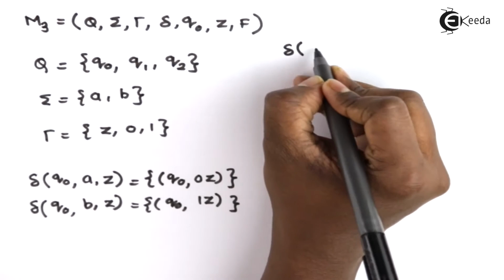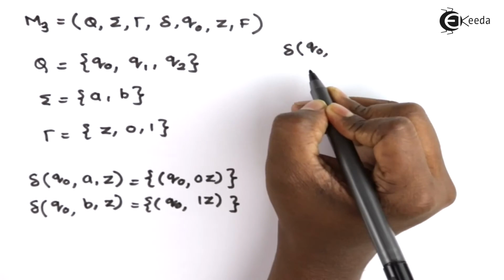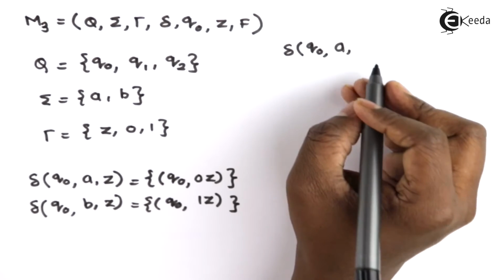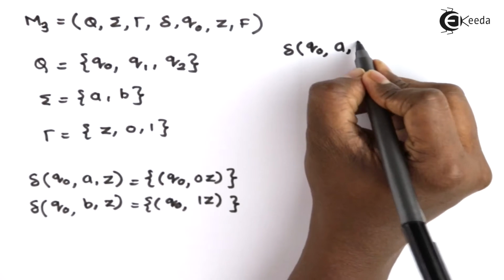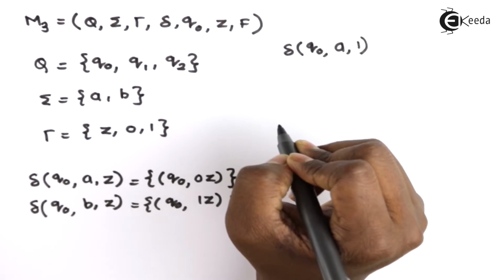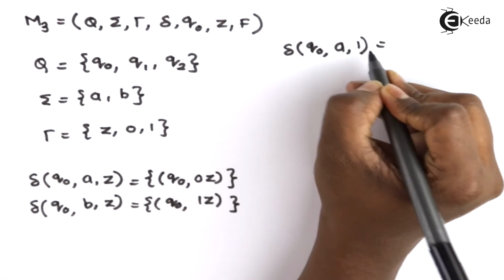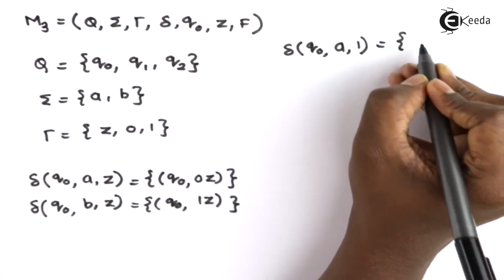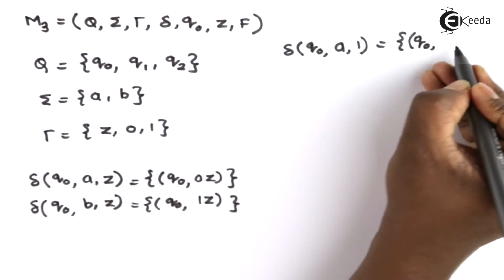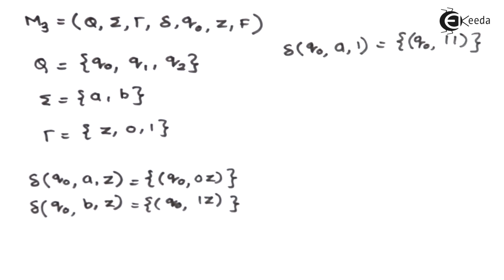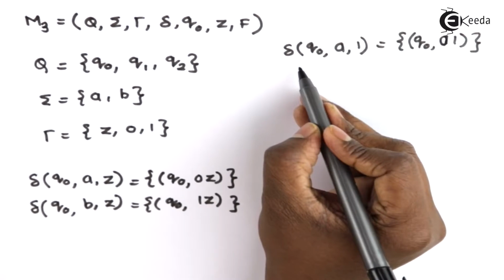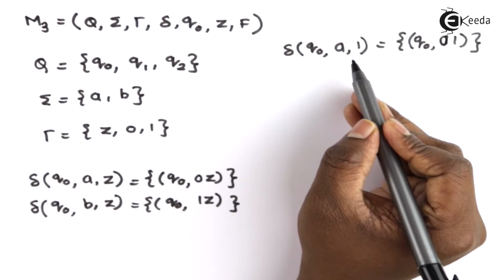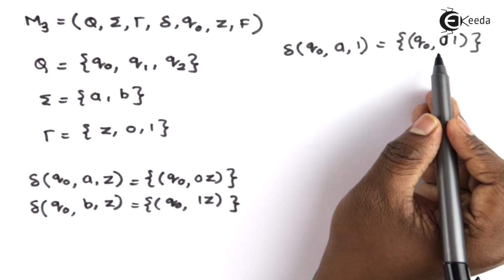Delta of Q0 on A. Suppose the top of the stack is 1. It couldn't be the center. Hence we have only one transition, that is to Q0 only. We're just pushing one more 1. Similarly, Q0 on an A, if 1 is the top of the stack, it will push a 0 onto the stack.